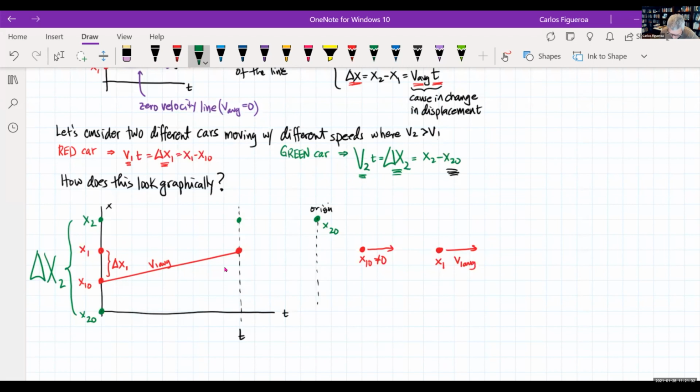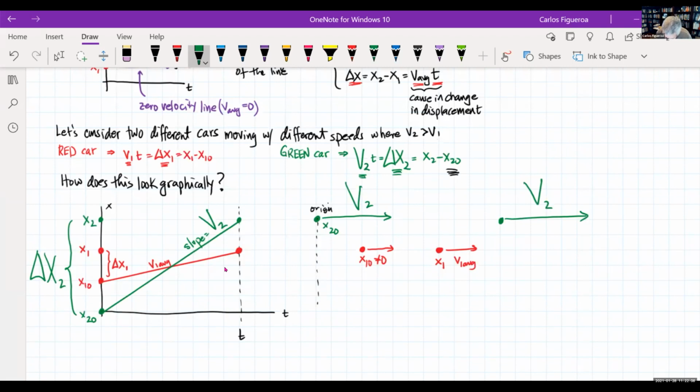So when I draw my line from the origin to there, what you're seeing is that this line has a slope that's definitely bigger, and that represents my speed 2. So what I'm finding here is that this car has now moved farther away because it has a higher velocity as it's moving at constant velocity here.